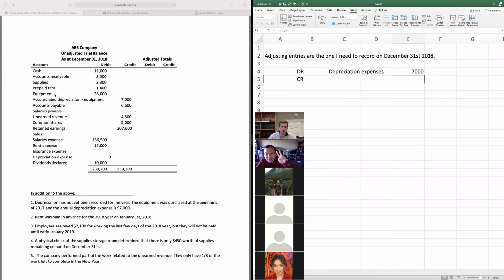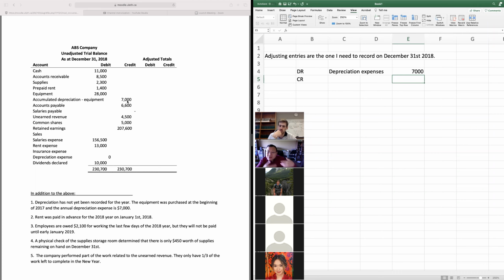For this long-term asset, if it's a depreciable asset, you have two accounts. One is called the cost account. From this account, I can see how much I paid. So originally, I paid 28,000 to buy this equipment. And the second account is a contra asset, which is the accumulated depreciation on equipment. That's the 7,000.